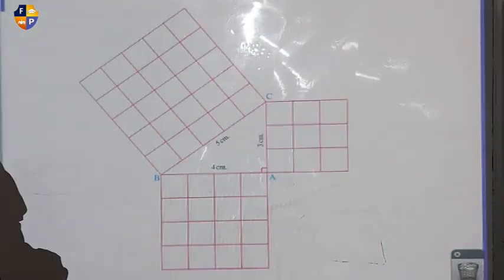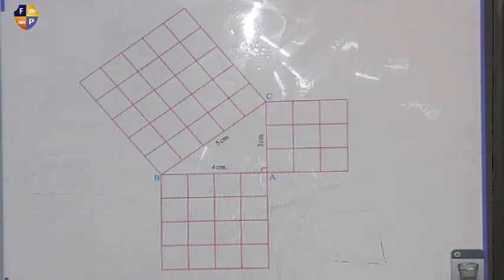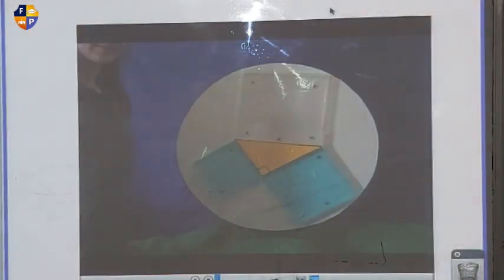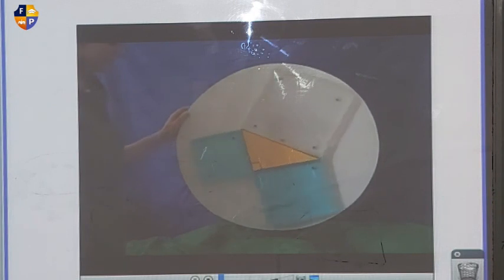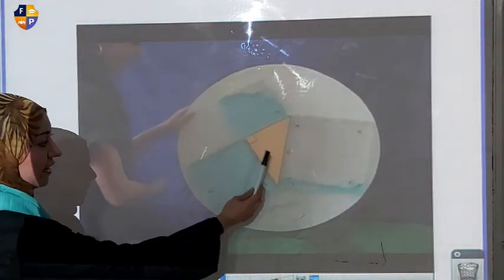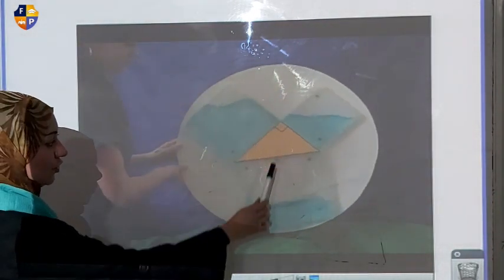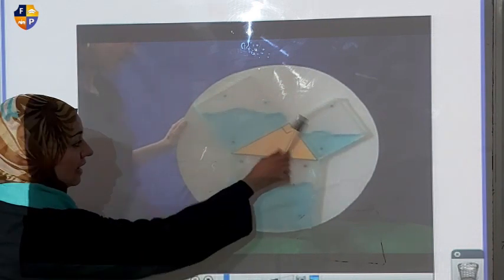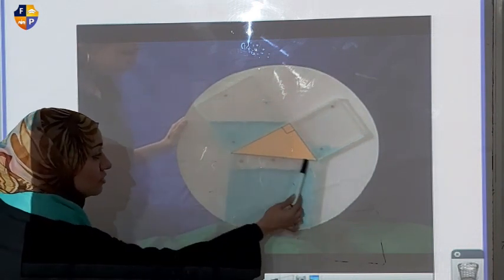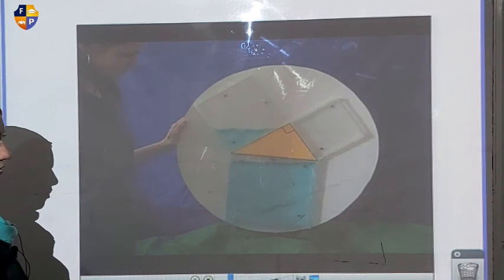Let me show you a nice experiment, so you can imagine it. This is a right angle triangle. The water in the two squares will fill my square on the hypotenuse.